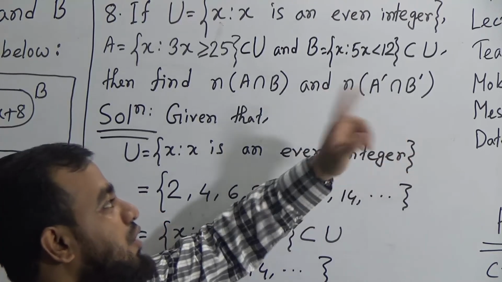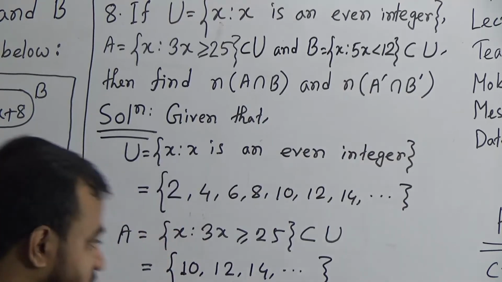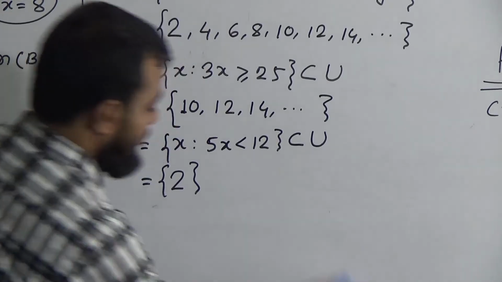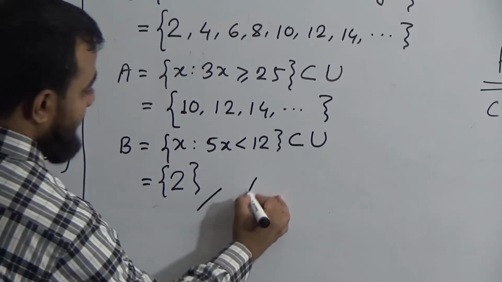Before that, we need to find out the value of A prime and the value of B prime. My dear students, I am going to reach this one in the bottom. Look, first of all, we are going to find out the value of A prime.